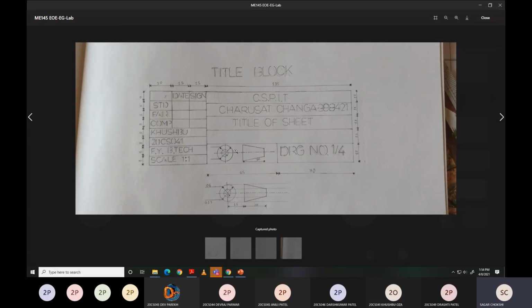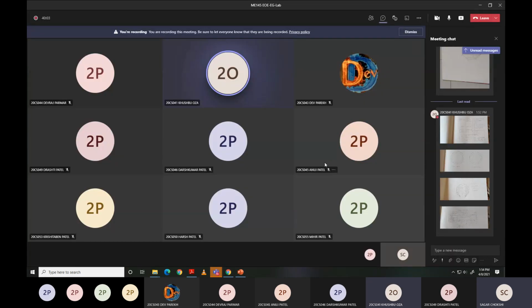In the title block you can add the projections in the symbol here. Okay, sir, I will add. In both the symbols. For cleanliness I will give 10 out of 10.